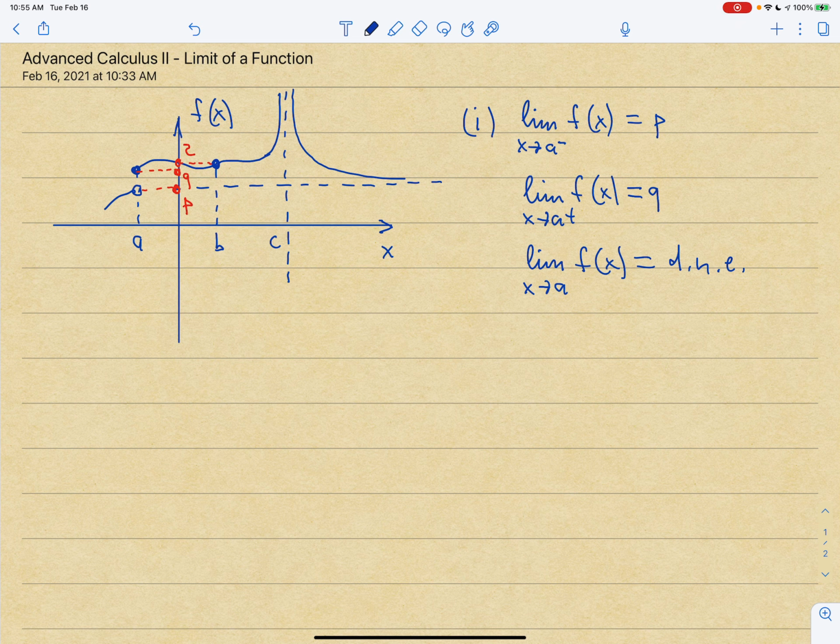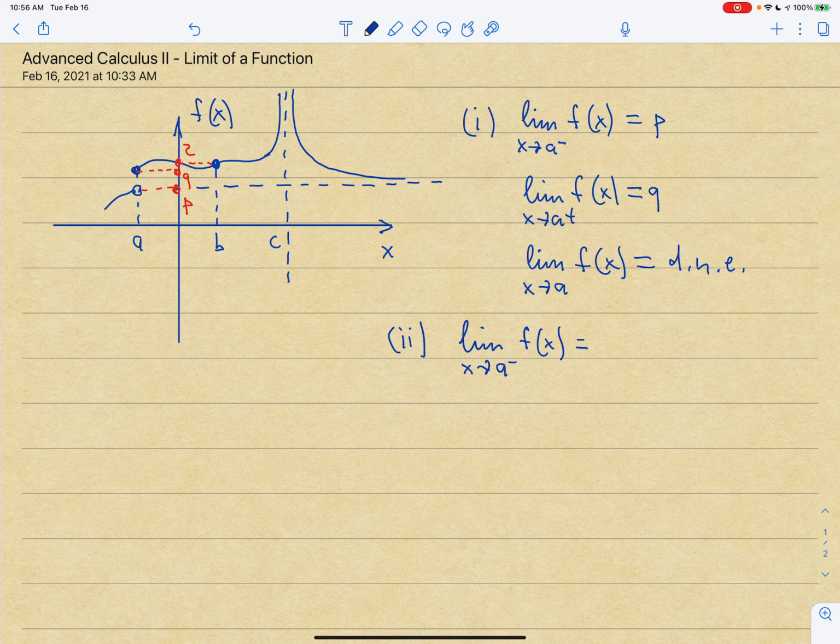All right, so part 2, let's look at point B. So what do we have here? Same questions. Limit as x goes to B minus of f of x.